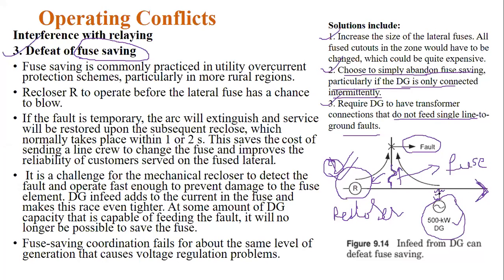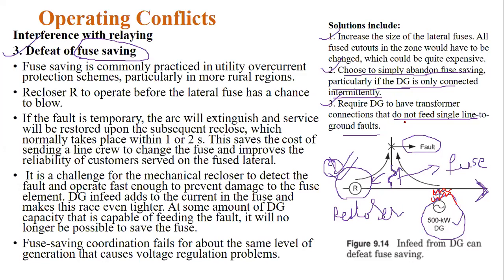Suppose you are installing, see this red color, a transformer to this DG. What is the meaning of this? Through this transformer only, you are connecting this DG to the feeder.